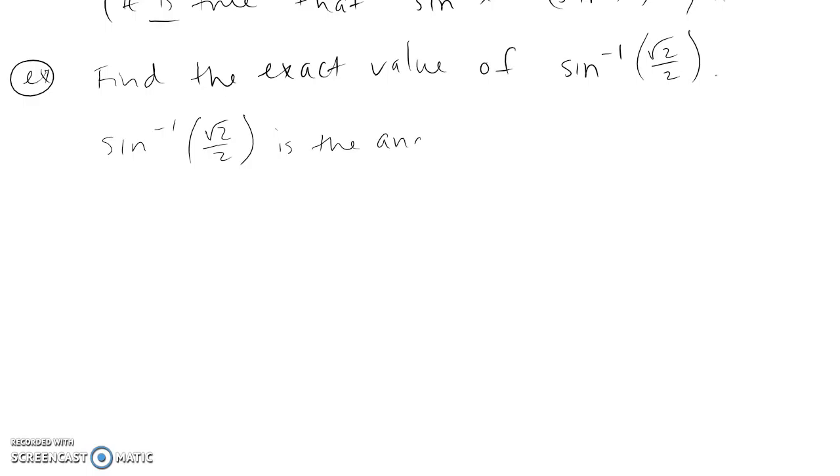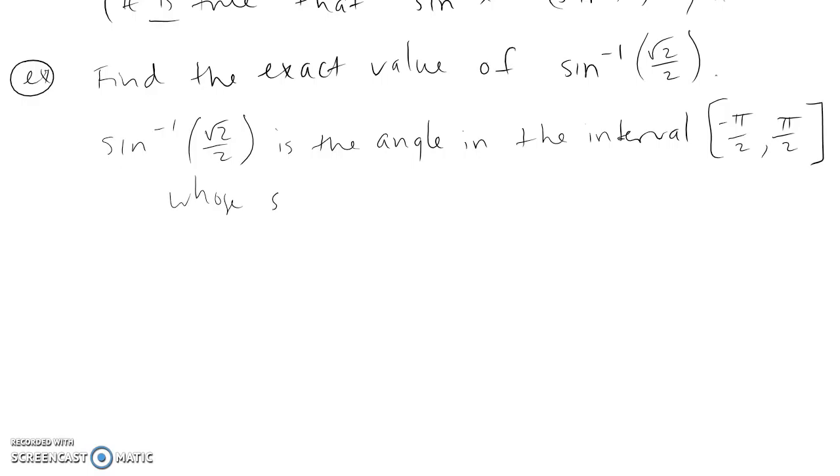It's the angle in the interval negative pi over 2 to pi over 2, including both, whose sine value is square root of 2 over 2. Remember, we had to restrict the domain for sine in order to even define sine inverse, okay?